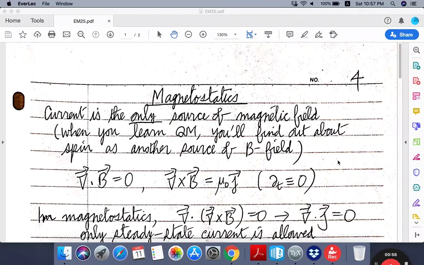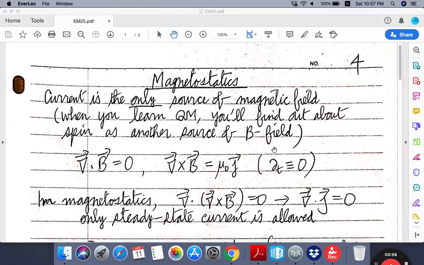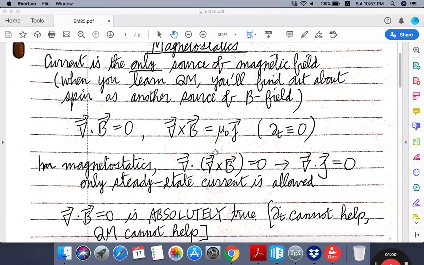Okay? And that's manifest in this equation, which is one of Maxwell's equations in the presence of steady state.